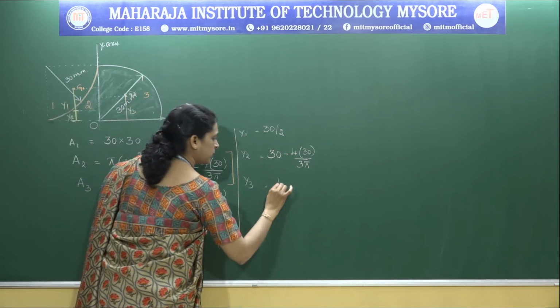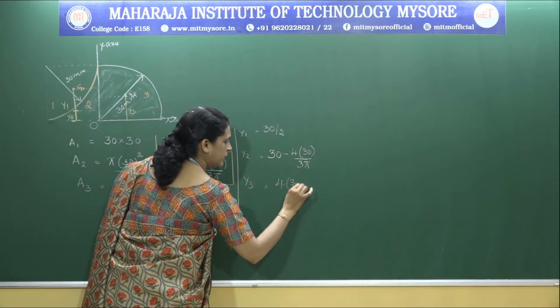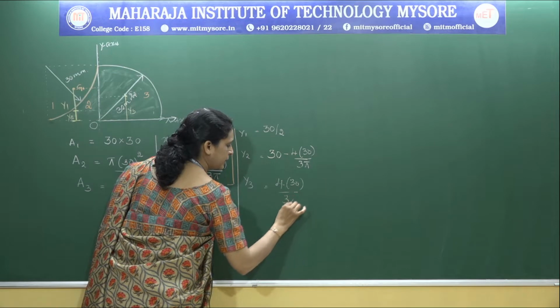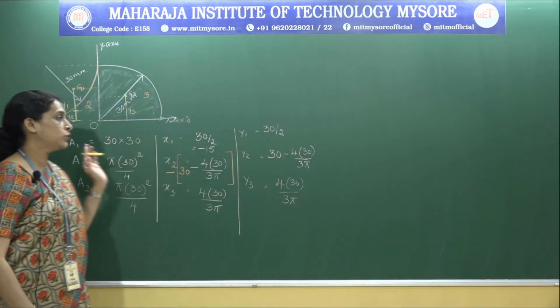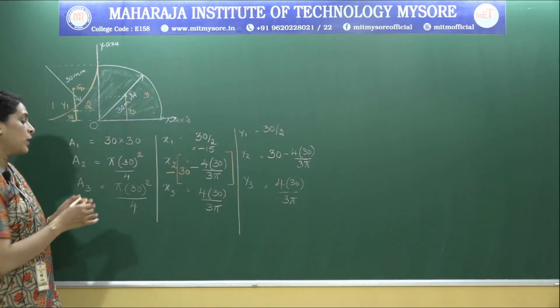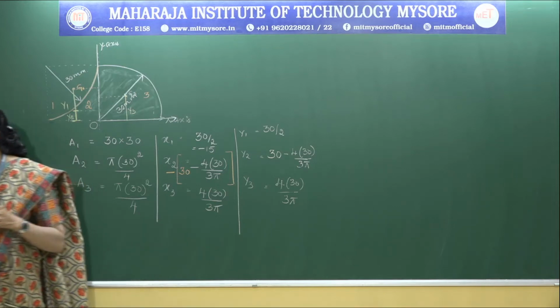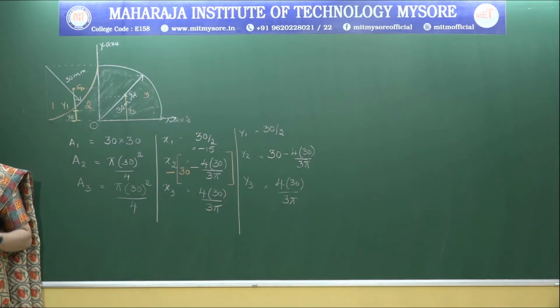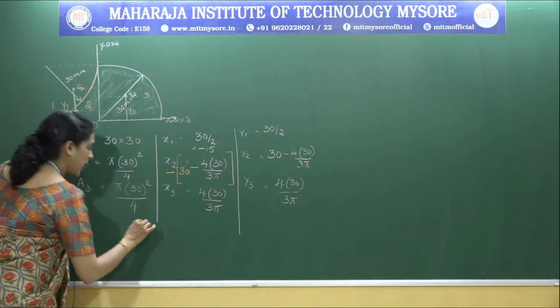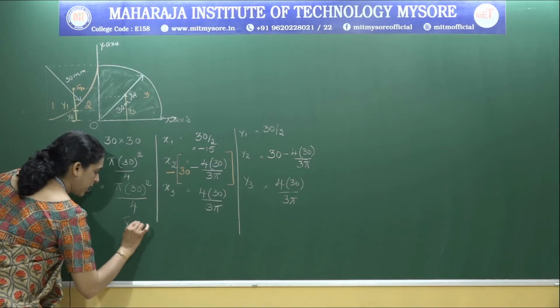So it is 4r by 3 pi. So this is how it goes. Now moving on to the very important thing, that is to calculate x bar.